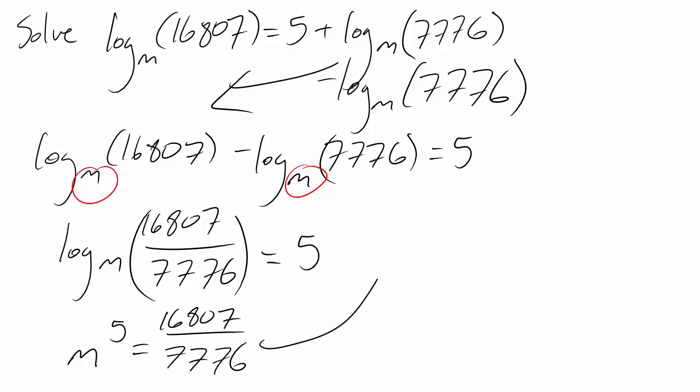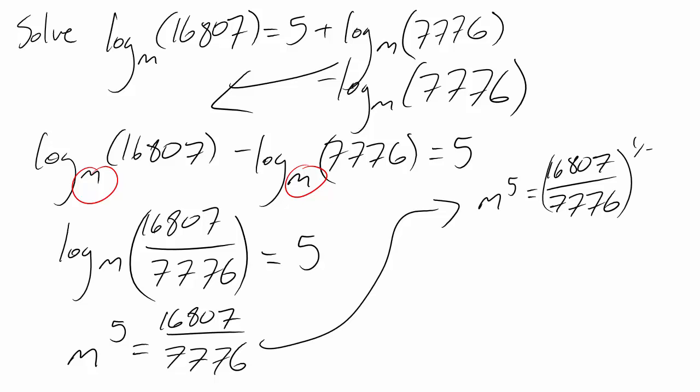So now in order to get the m by itself from the m to the 5th, we just take the 5th root of both sides, or raise both sides to the 1/5 power. However you choose to enter that in your calculator is entirely up to you. I'm going to view this as raising both sides to the 1/5 power because it's a little bit easier for me. So the 5th root and 5th power cancel themselves out.